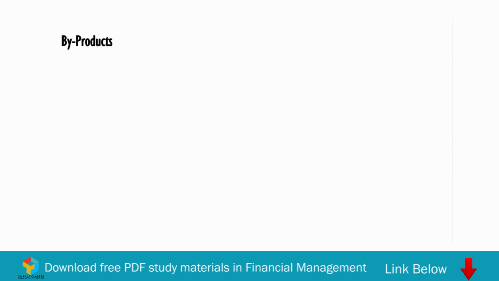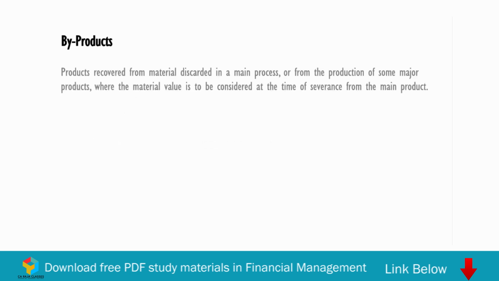Okay, we can define byproducts as the products which are recovered from materials which are discarded in the main process, or the materials which are created from the discarded materials of production of some major products.